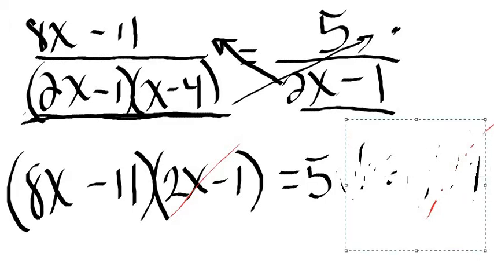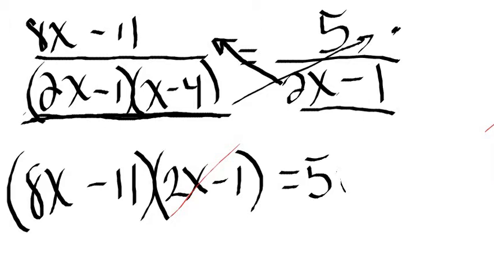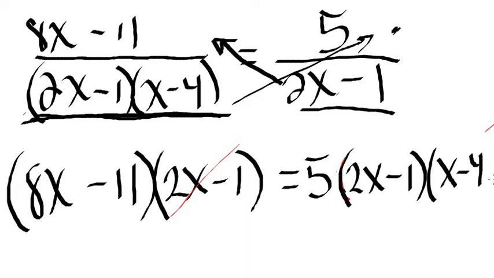Let's capture it all at once. Got it. Okay, we were moving 2x minus 1, x minus 4 up over here. I don't know, whoops. Why in the world I wrote that? x minus 4. Alright. Still, the 2x minus 1s, they're going to cancel out.